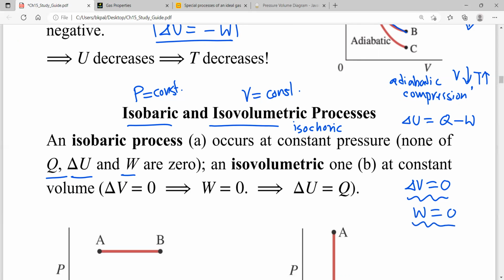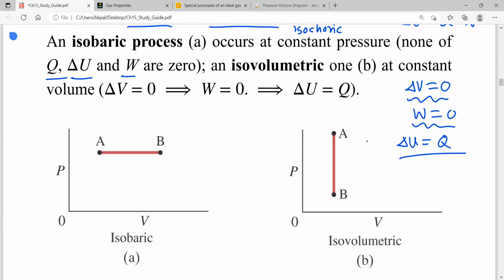I'm going to show why now. So then the first law of thermodynamics becomes just this. In the PV diagram, this is the isobaric process where P is constant, and this is the isovolumetric process where volume is constant.